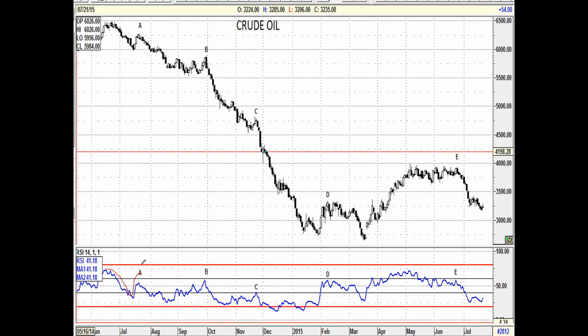So we get an indication that the market may start falling, and the prices start falling here. Now at B, the market is not able to cross 60. Right? So we see a range shift.